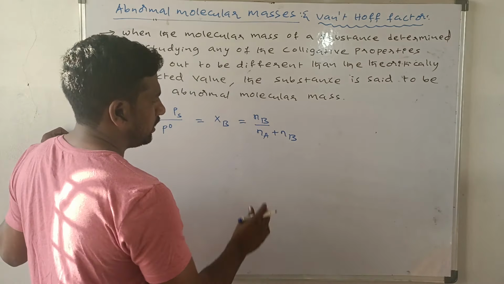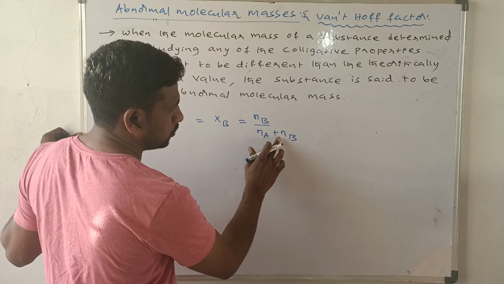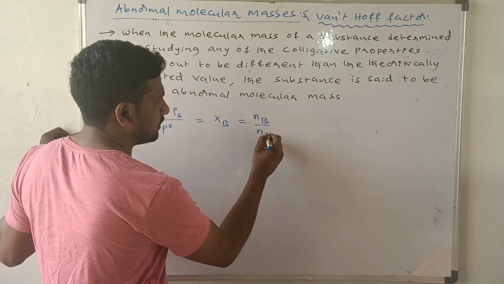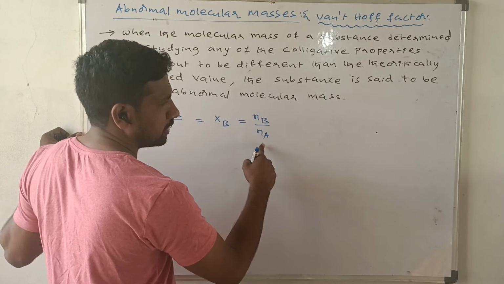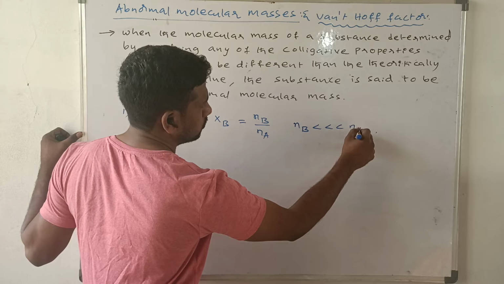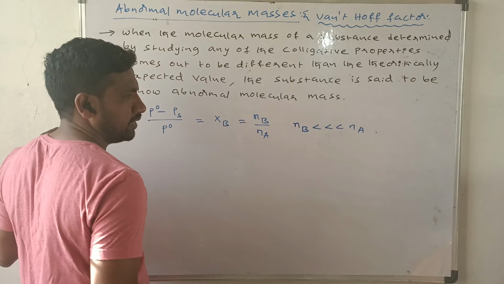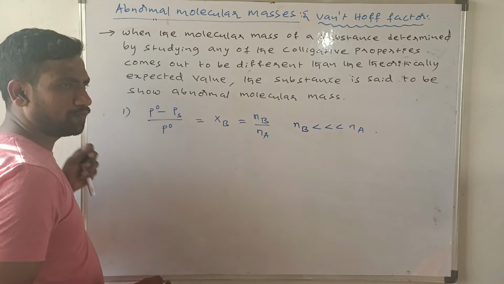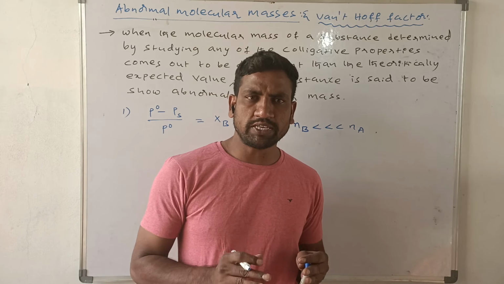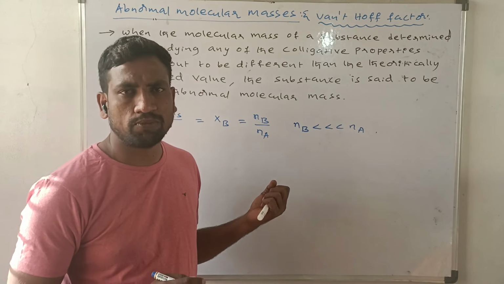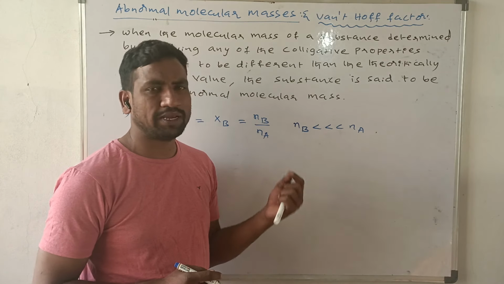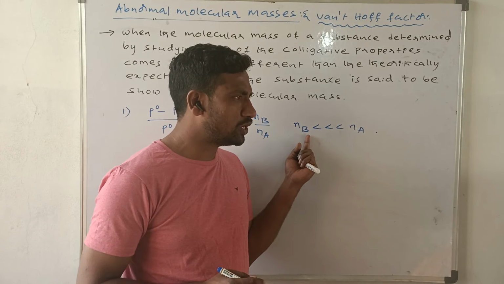Here I am neglecting the number of moles of the solute in the denominator. Why? Because it is very small compared with the number of moles of the solvent. Colligative properties are applicable for dilute solutions, and in dilute solutions the number of moles of the solute is very small compared with the solvent. So the number of moles of the solute is neglected in the denominator.